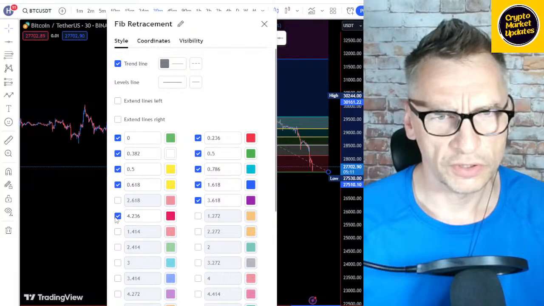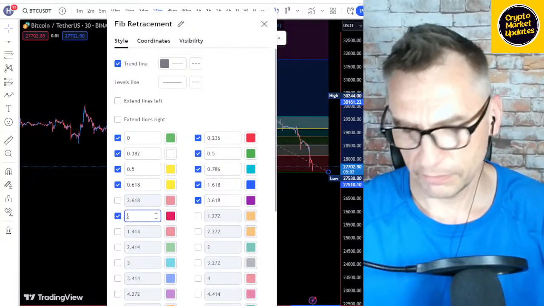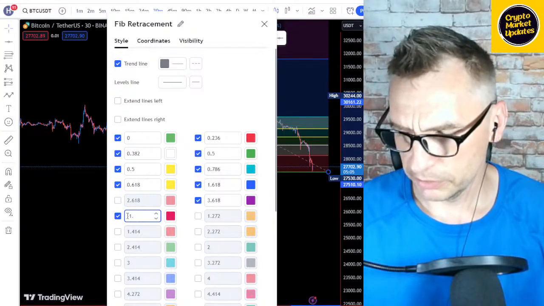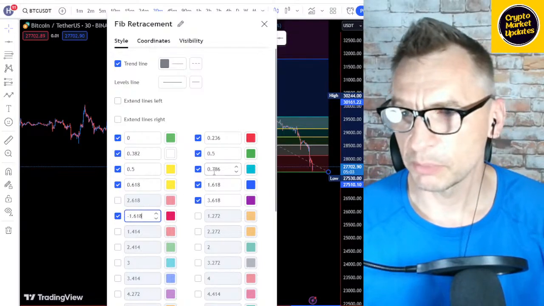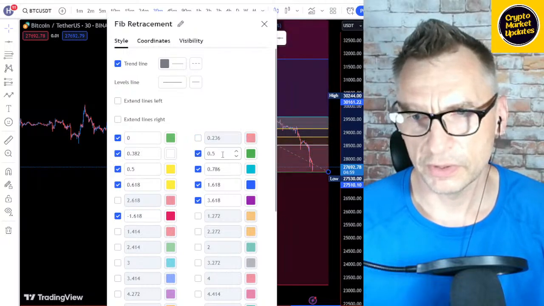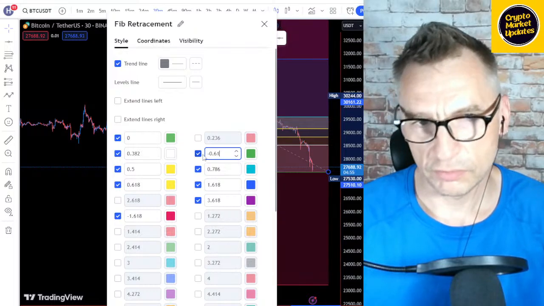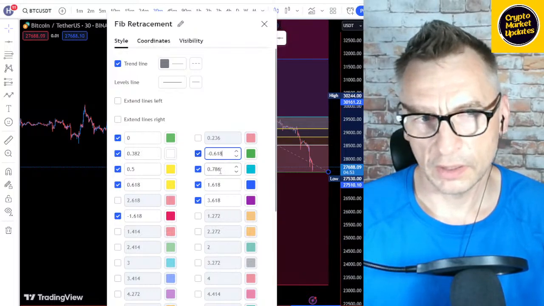We'll change this one. This should be a negative 1.618. Very different setup. We'll turn this off. This will turn into a negative 0.618, and this one's off.